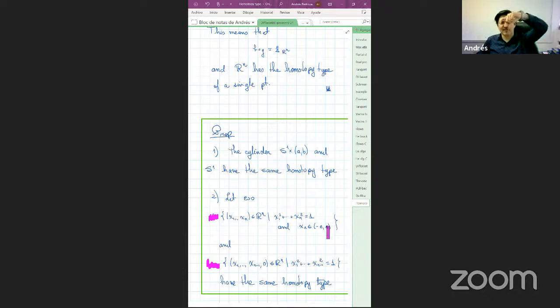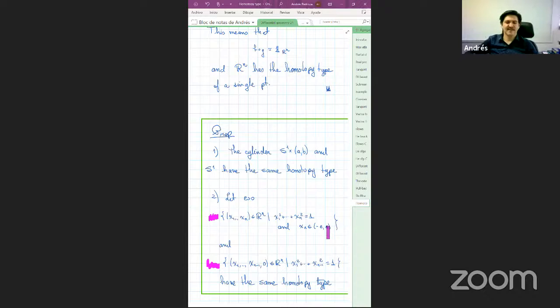And then we cover with something like this and something like this. And the intersection were two small intervals. And we used the Mayer-Vietoris sequence and computed that. And then we just discussed only in terms of open spaces, no longer the Mayer-Vietoris sequence for higher dimensional spheres.